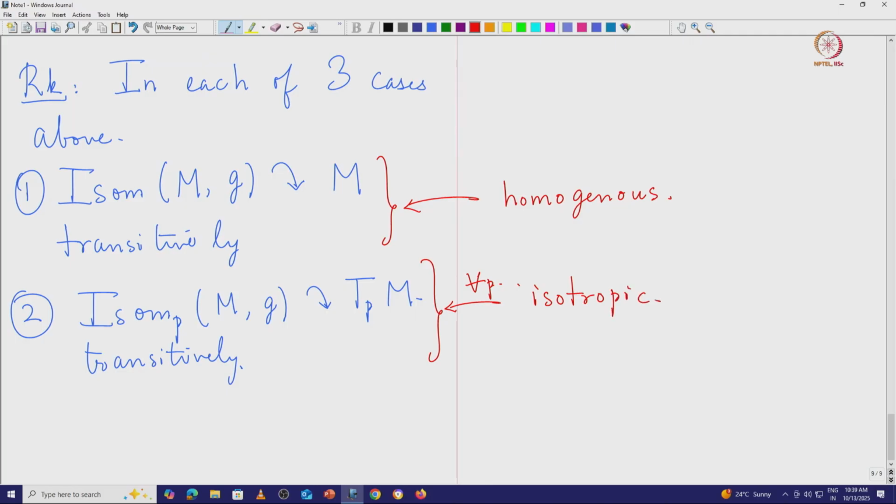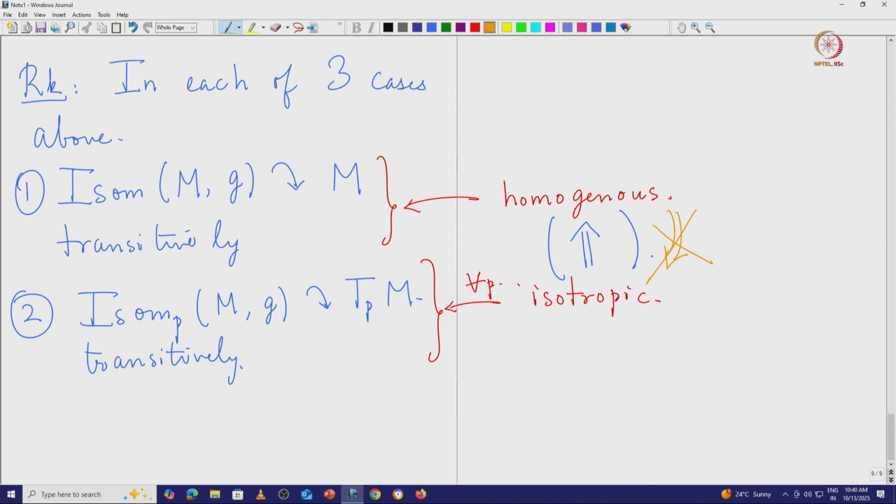It is a fact that if a Riemannian manifold is isotropic, then it will also be homogeneous, but the converse is not true. There are examples of homogeneous manifolds that are actually not isotropic.